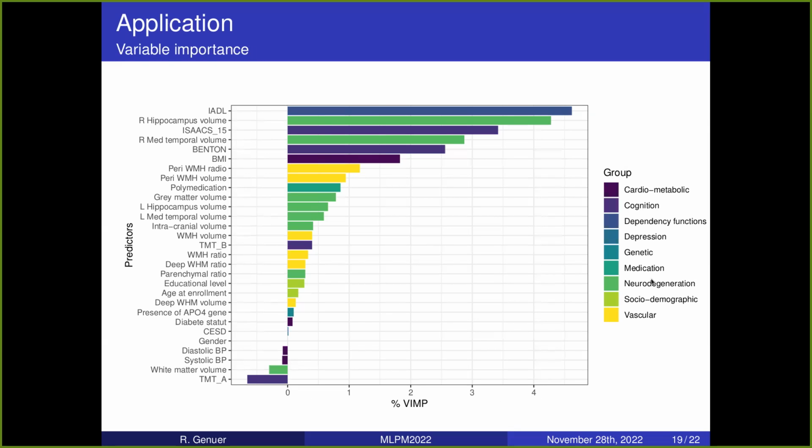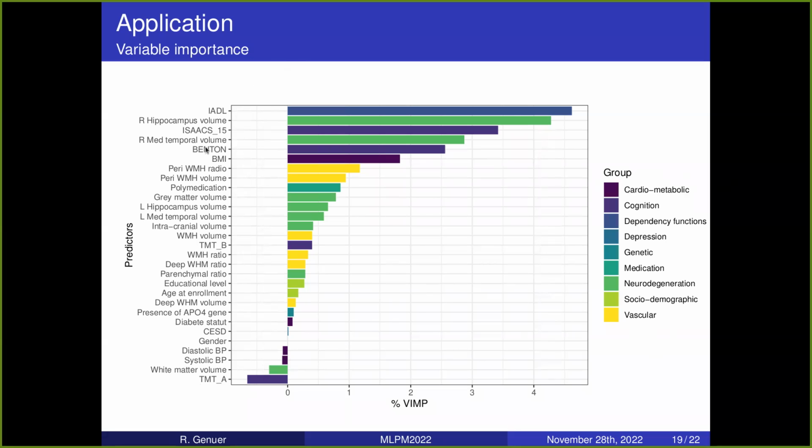And just to finish, what we can also compute using our package is this kind of plot, which represents the importance associated to the different predictors. So here you have all the predictors that we have colored according to their belonging to these groups of variables.